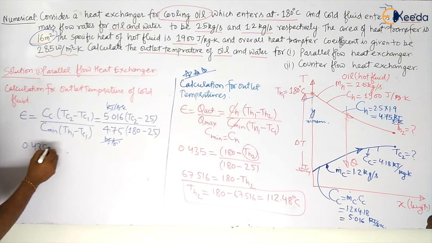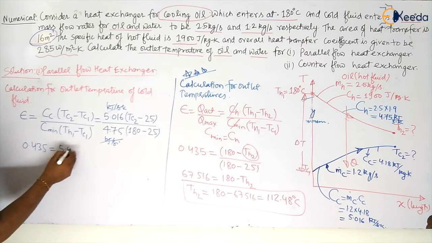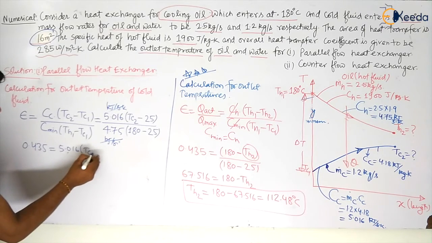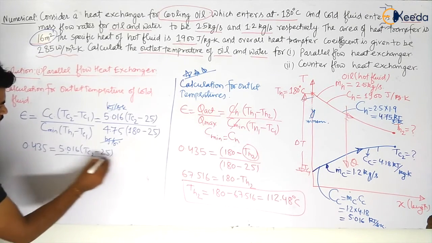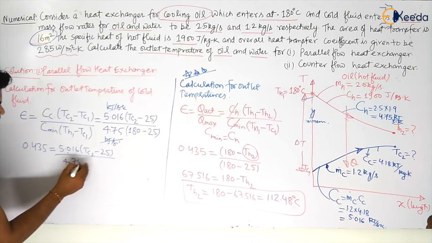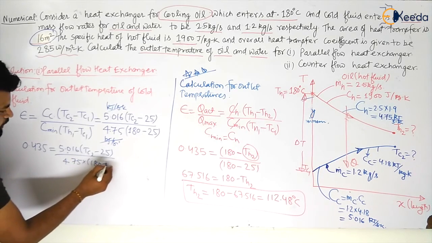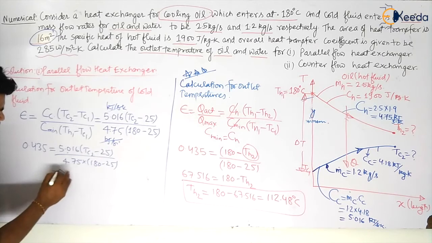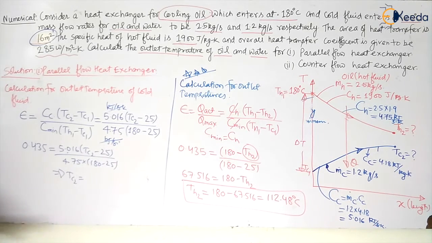Effectiveness is given to be 0.435, which is equal to 5.016 into TC2 minus 25, divided by 4.75 into 180 minus 25. Let us calculate the value of TC2, my dear students. So TC2 will be given by 0.435 into 4.75 multiplied by 180 minus 25, divided by 5.016.